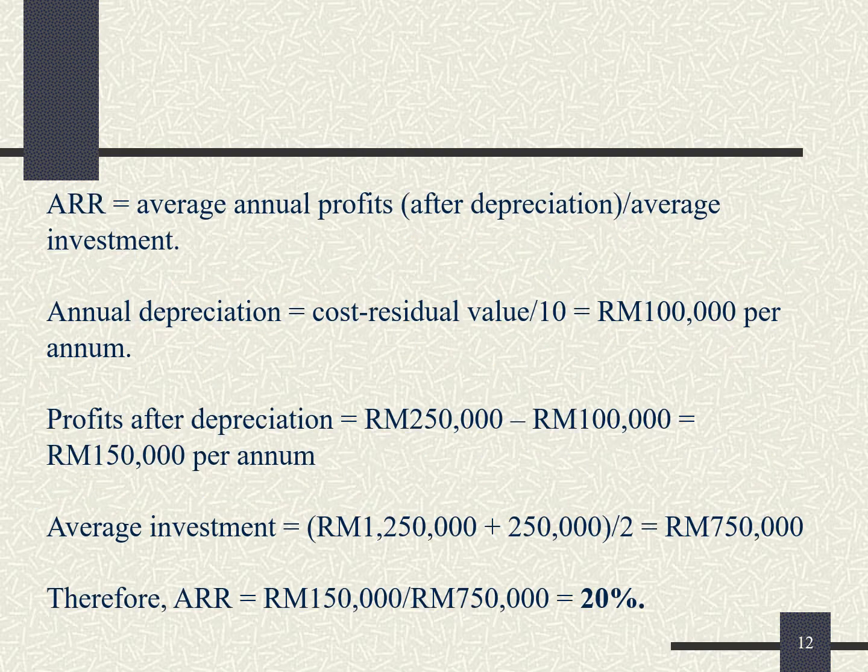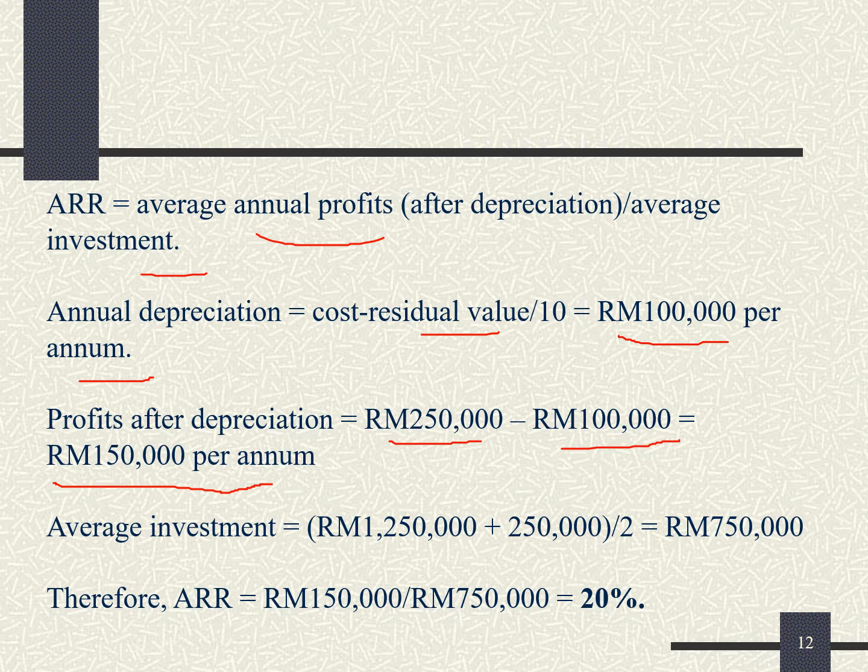Kita kira ARR sama dengan annual profit divided by average investment. And then annual depreciation is cost minus residual value, bagi dengan 10 lah, selesai 10 tahun. So it's 100,000 per annum. And then profit after depreciation, 250,000 minus dengan 100,000, so dapat the profit will be 150,000 per annum.